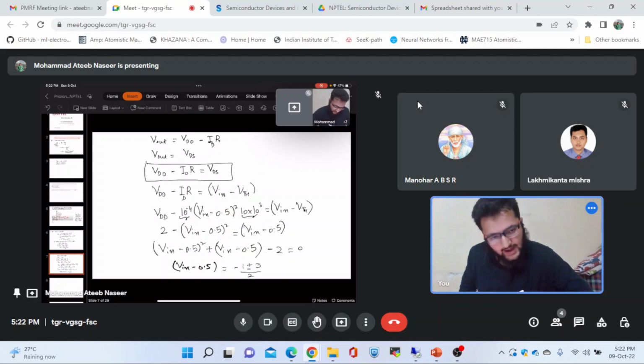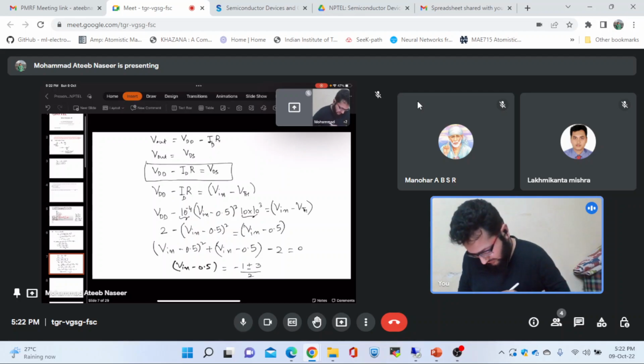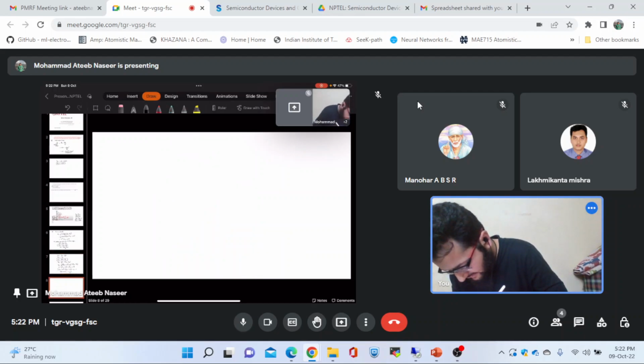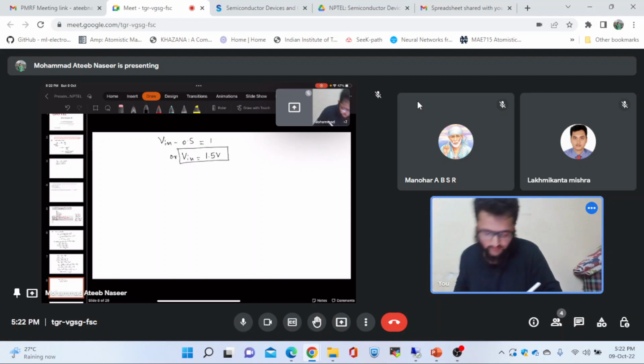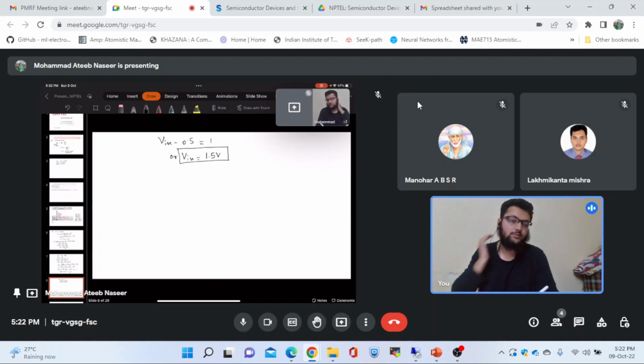So minus 1 plus 3 divided by 2 should become 1. So V in minus 0.5 is equal to 1, or V in is equal to 1.5 volts. We have got the voltage at which we will be switching from the saturation region to the linear region.